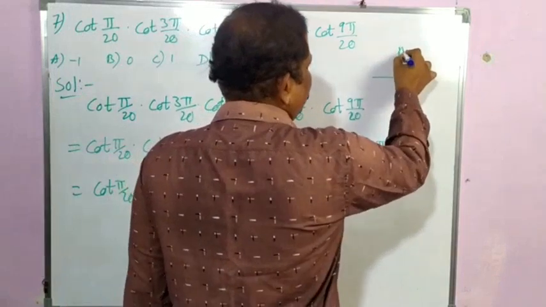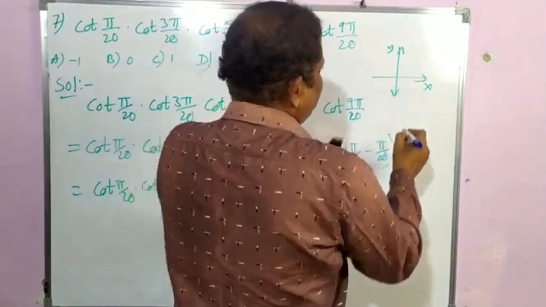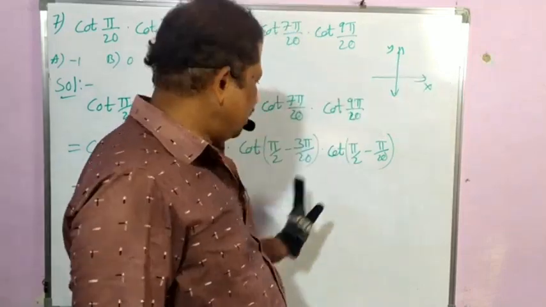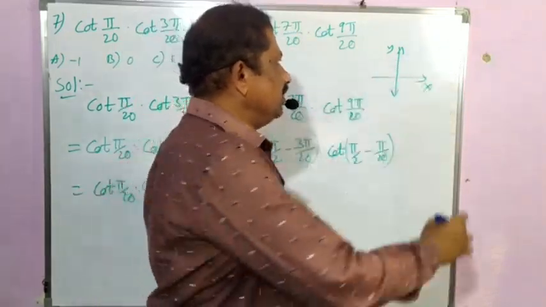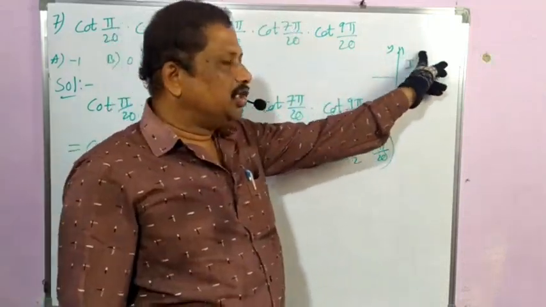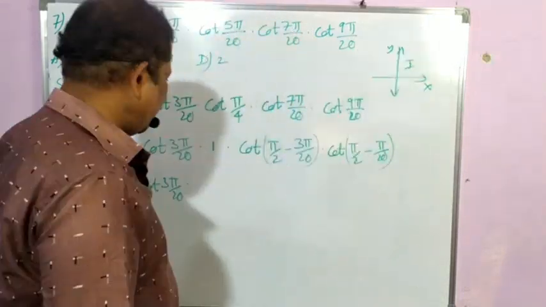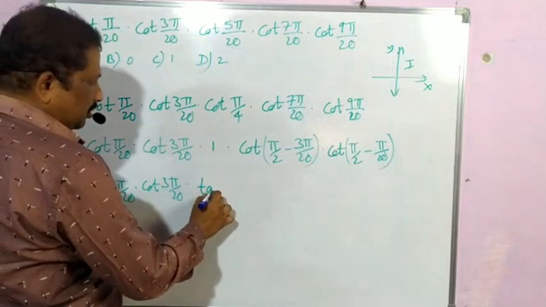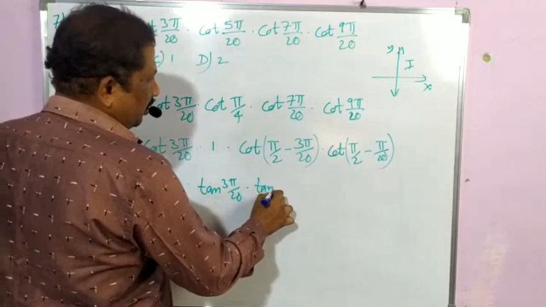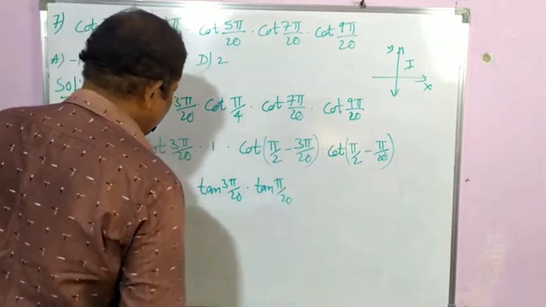Whenever trigonometric ratios operate on the y-axis, the ratios change. When on the x-axis, the ratio does not change. Here 90 minus theta means it falls in the first quadrant, so sine is plus only. The ratio changes, cot changes to tan. Tan 3 pi by 20 into tan pi by 20.